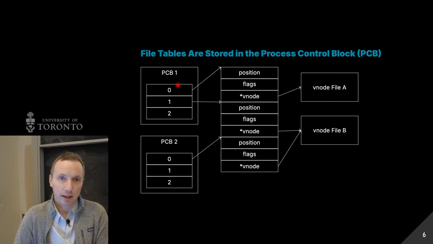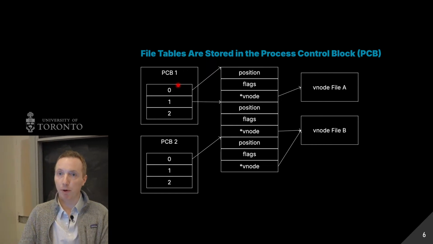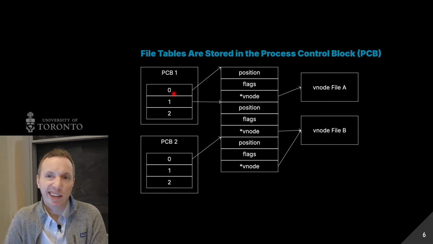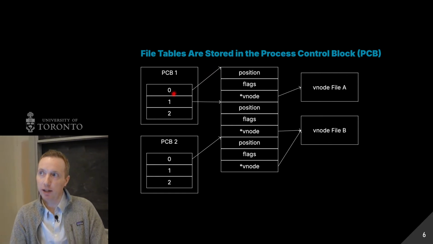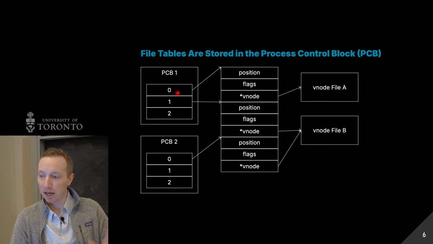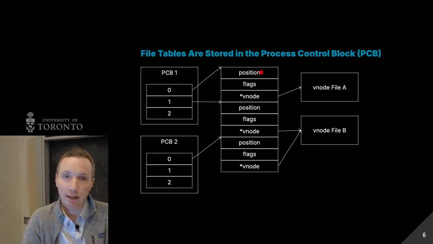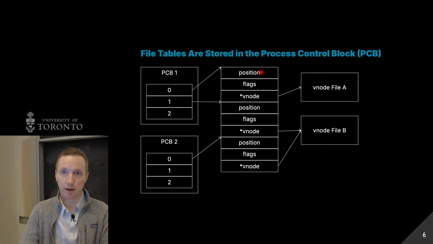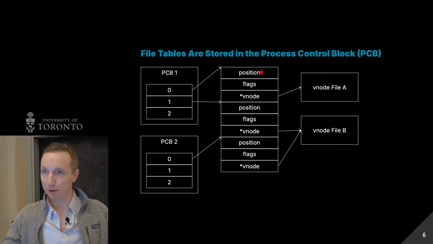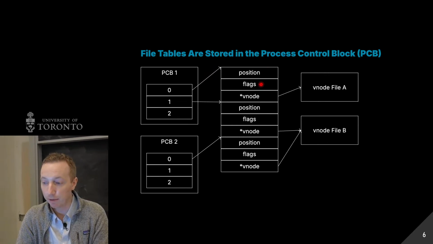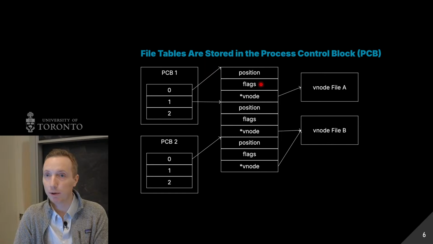It would have an array of pointers. The index to them is the file descriptor, but they're not really pointing to a file. They are pointing to some entry in the kernel that is keeping track of the current position because, well, if I can manipulate the position, it's got to be saved somewhere. So it keeps track of the current position and the flags, so what access do I have through this file descriptor?